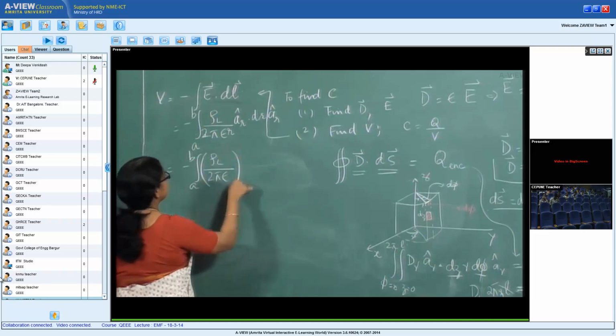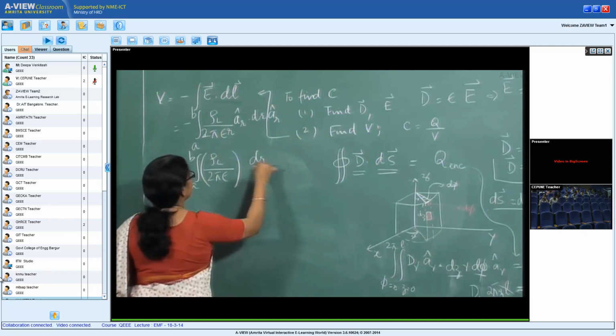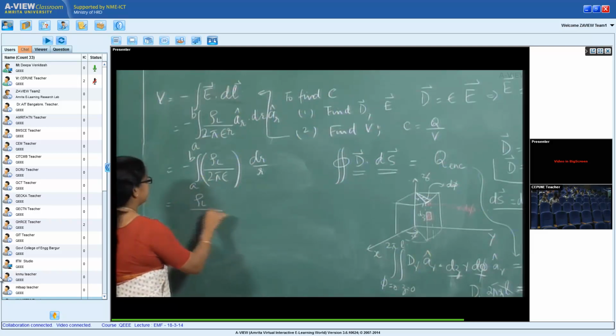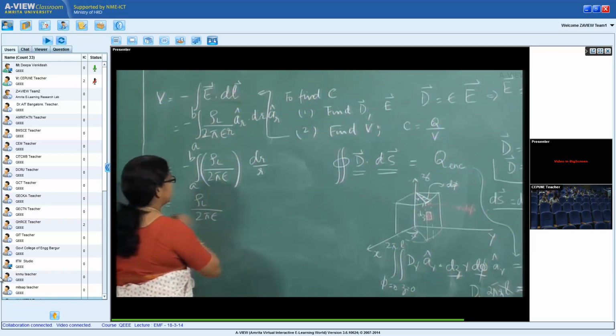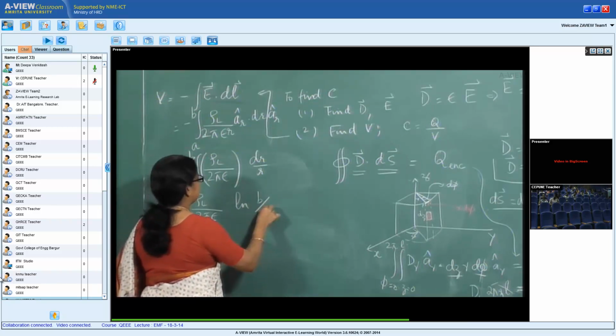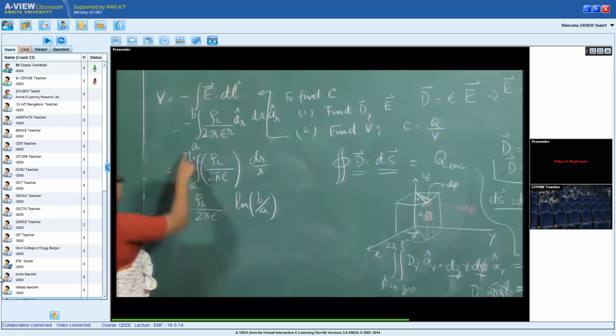This is a constant, dr over r. I do this, integral dr over r is ln of r with b to a. There is a minus sign of course here.